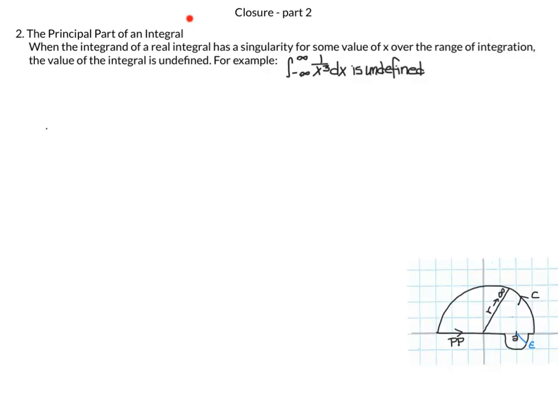The principal part of an integral says when the integrand of a real valued integral has a singularity for some value of x over the range of integration, the value of the integral is undefined. For example, the integral from negative infinity to infinity of 1 over x cubed dx is undefined because we have this singularity at x equals 0.